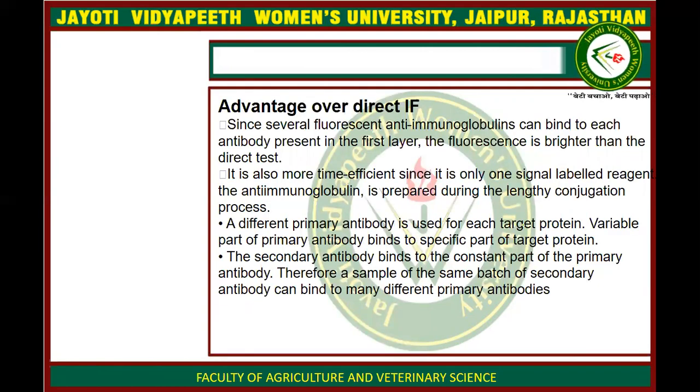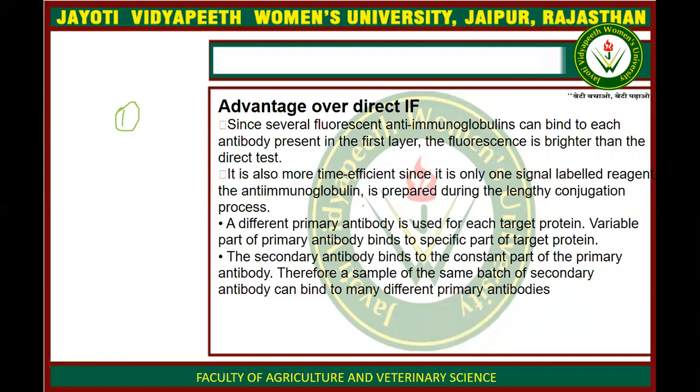So what is the advantage of indirect immunofluorescence? The anti-immunoglobulins can bind to each antibody present in the first layer. The fluorescence is brighter than the direct test, so it is clearer than the direct.